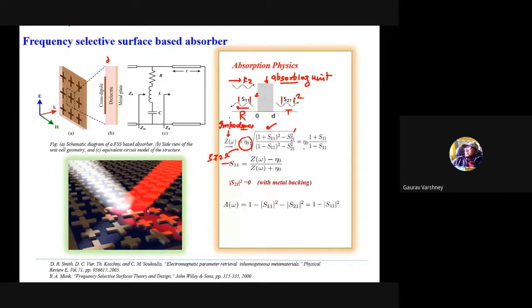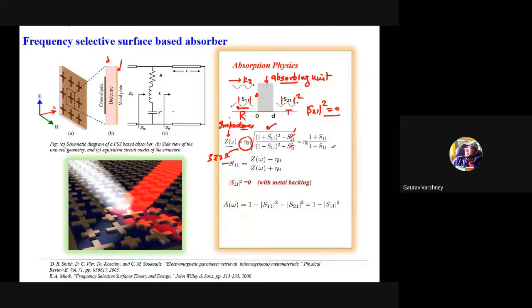Okay, so finally, just because of the placement of the back reflecting plane, the S21 parameter, S21 meaning transmission parameter, becomes 0. So we can remove this from this mathematical expression. And here we find (1 plus S11) over (1 minus S11).